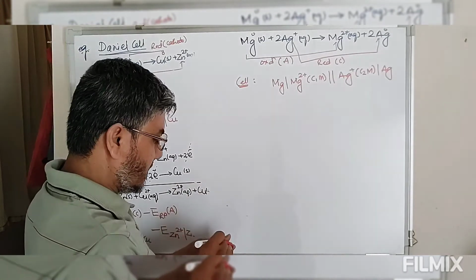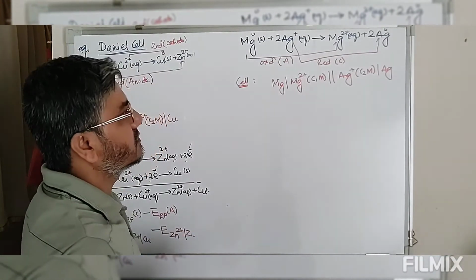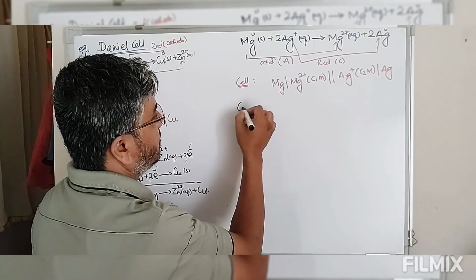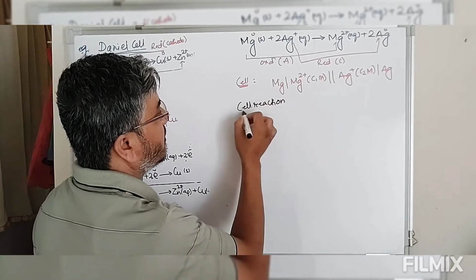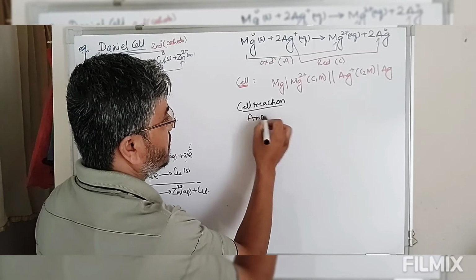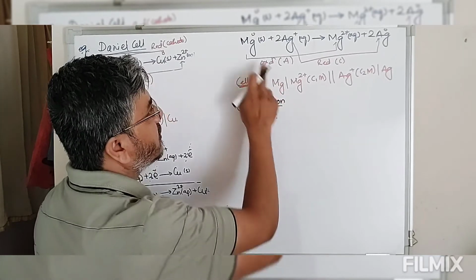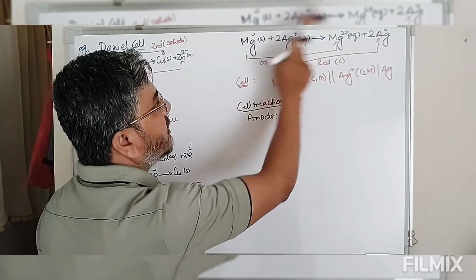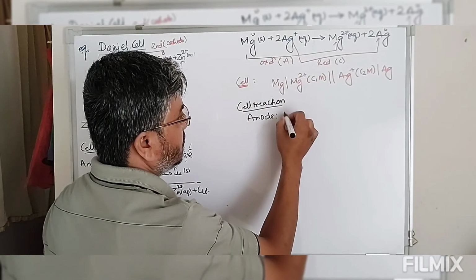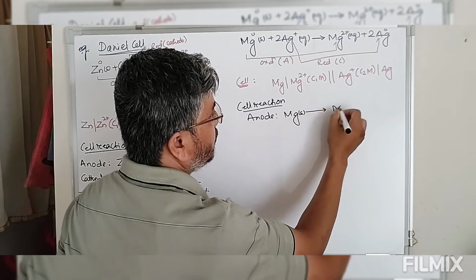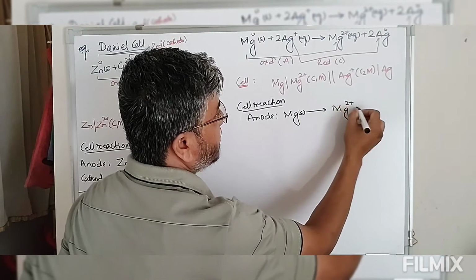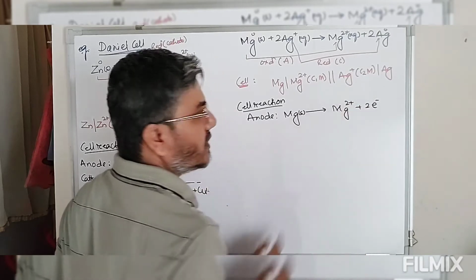Now for this cell, let's write down the cell reaction, the individual reactions taking place at cathode and anode. So anode is Mg solid getting oxidized to Mg plus 2, and 2 electrons are released.